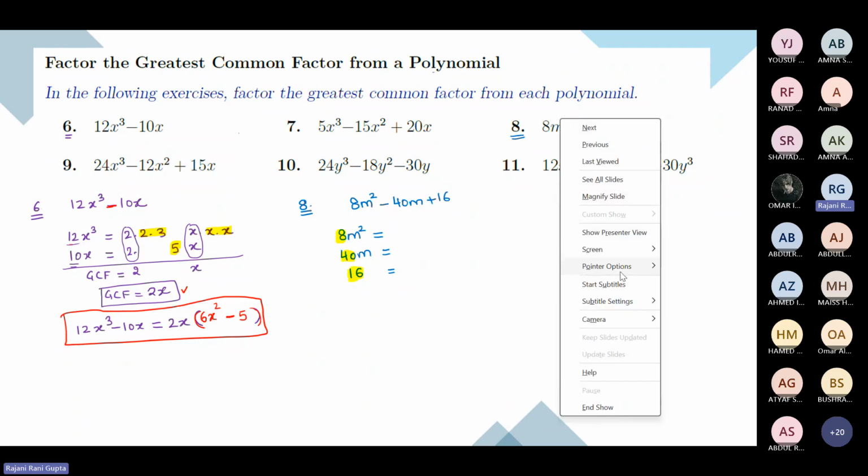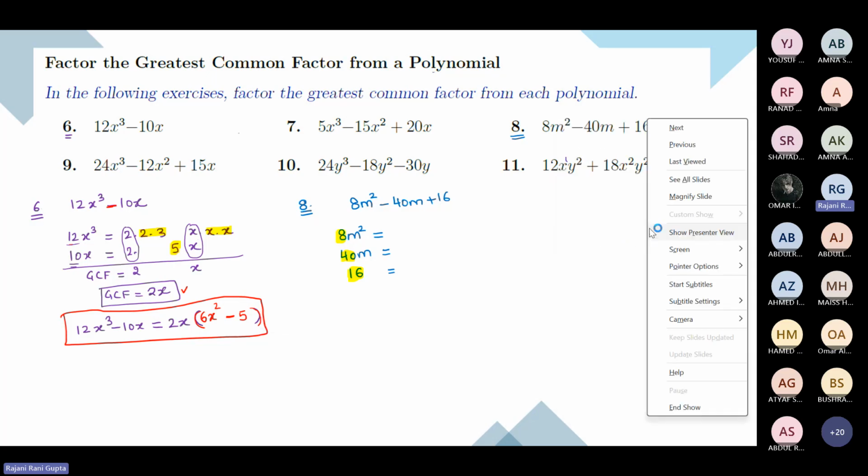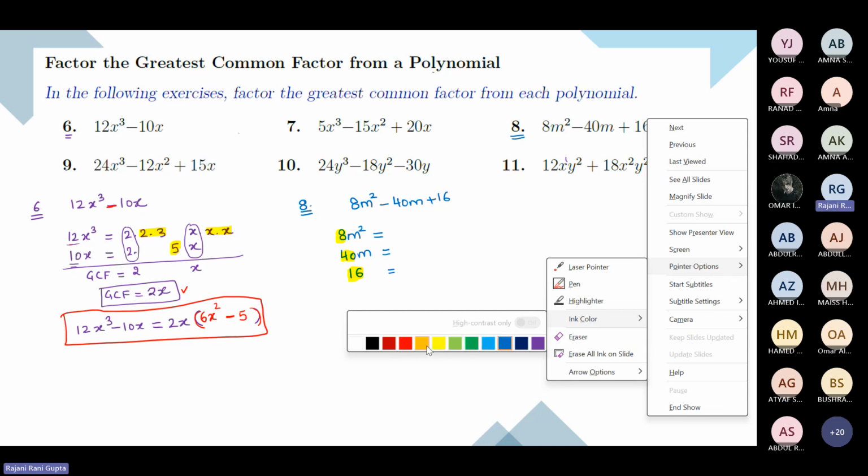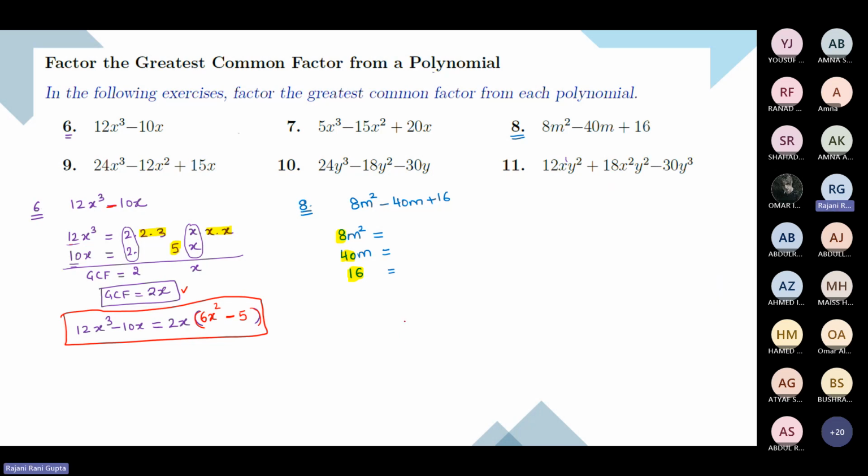So instead of making prime factors, you can write 40 as 8 into 5 and 16 as 8 into 2.